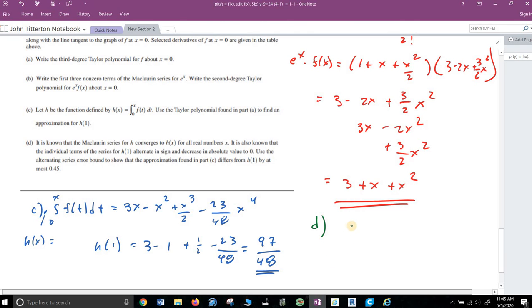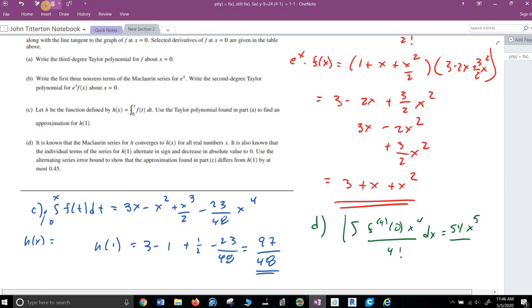So I need to find the integral, absolute value, of fourth derivative at 0, x to the fourth over 4 factorial dx, which is, I believe, 54 x to the fifth over... no, I just plug it in.